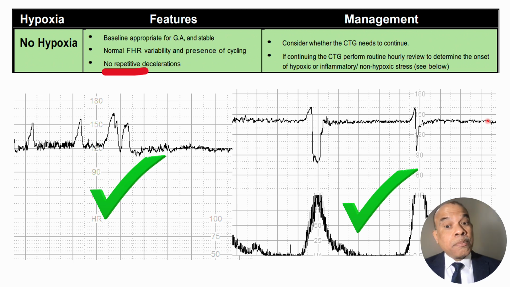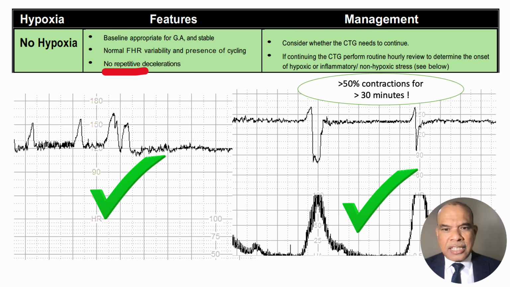I am saying hypoxia and not hypoxemia. Please see that the guideline says hypoxia, so let's not get confused. And let's also not get confused illogically by some guidelines that have called repetitive deceleration 50% of the contractions for 30 minutes. There's no evidence at all because there are lots of variables.